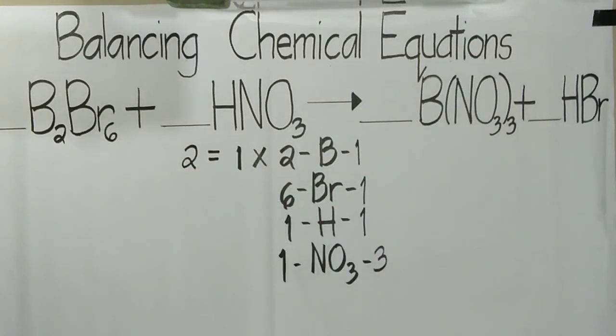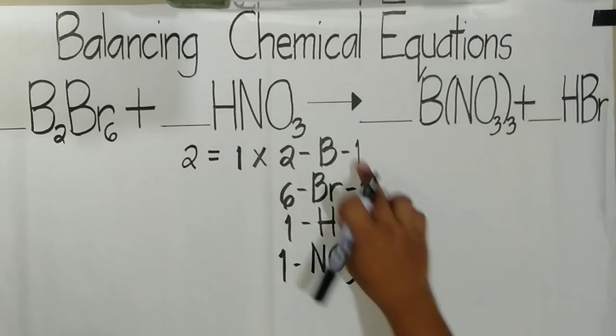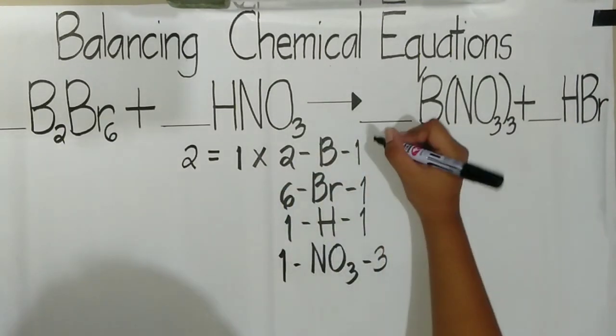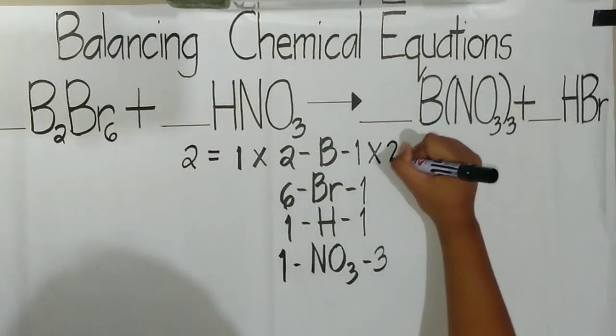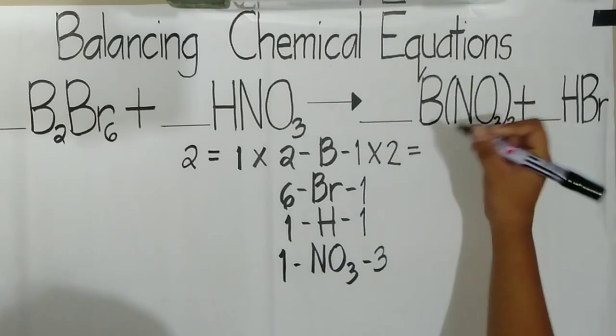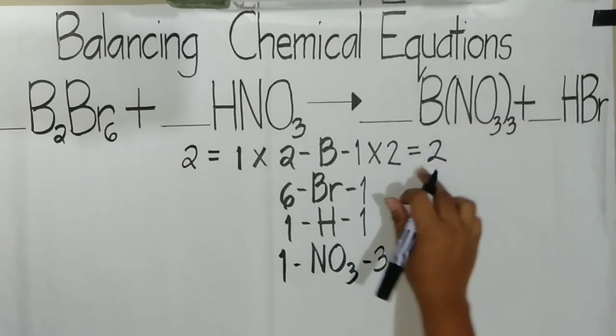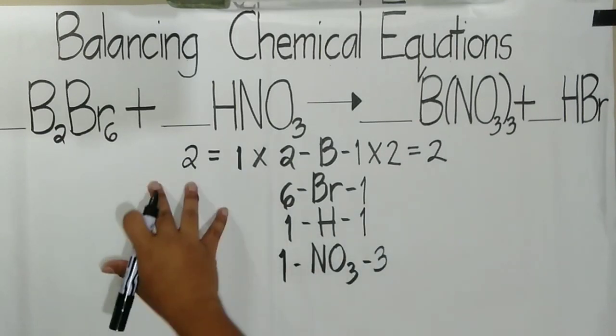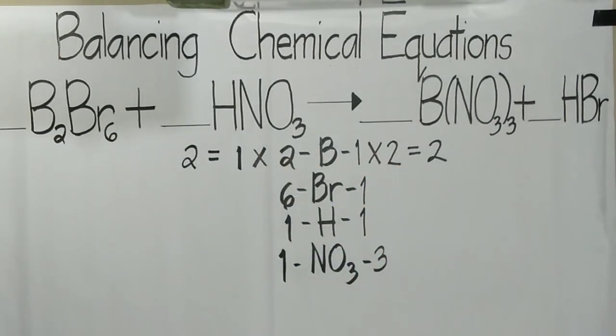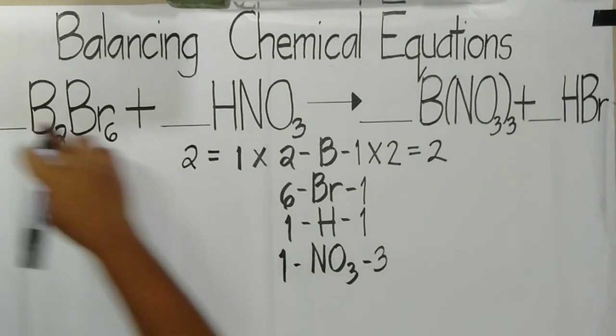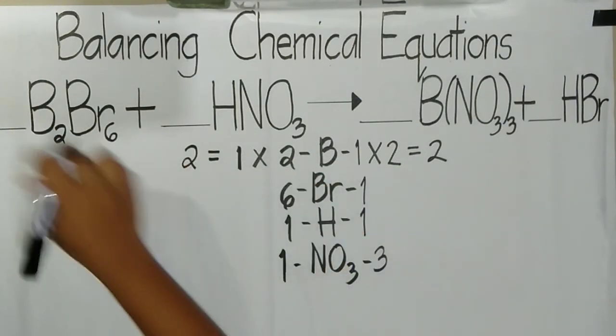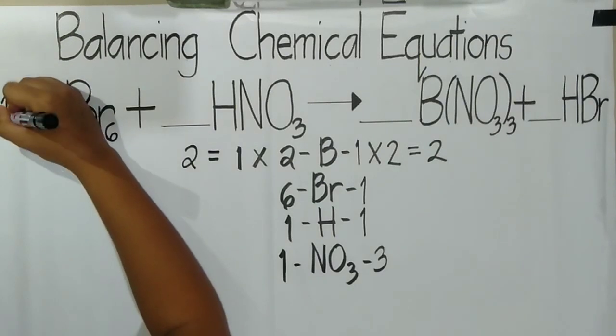So we will try 2. So 1 times 2 is equal to 2. Are the boron on the reactant and product sides balanced now? Yes, they are balanced. So we are going to put here as the coefficient of boron 1.